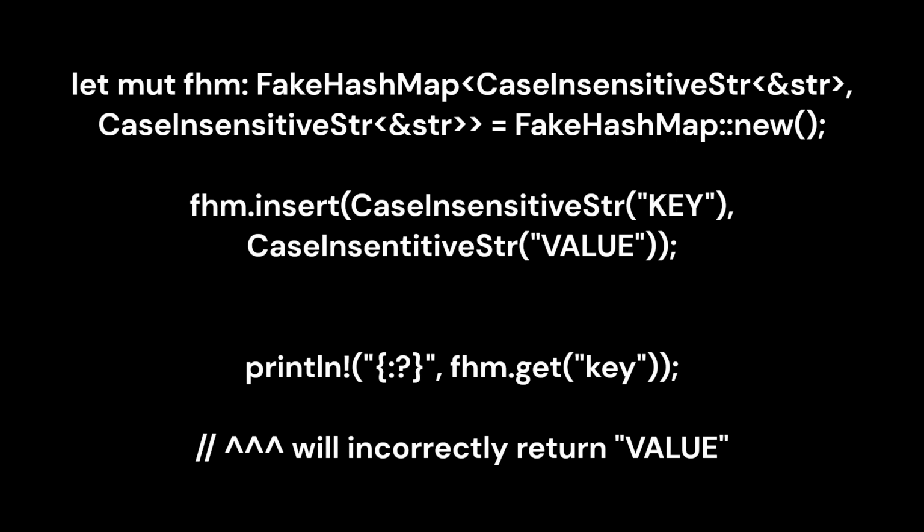That is, little OK should not equal big OK. For example, think in terms of our fake hash map, right? If onto it we insert a case-insensitive string uppercase key with a case-insensitive string uppercase value, if we do a get with a lowercase key, that will incorrectly return the uppercase value, just because that equality will work regardless of the case of string. So this is an instance to use AsRef.